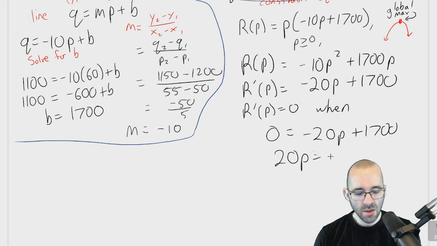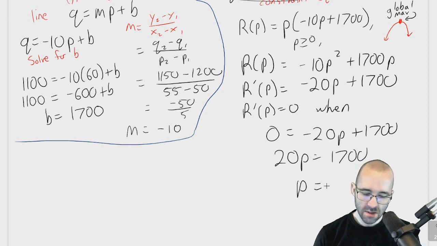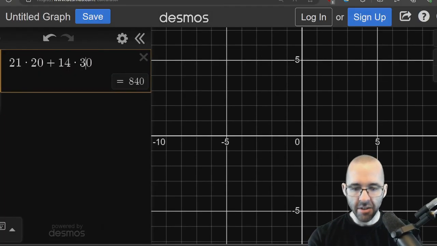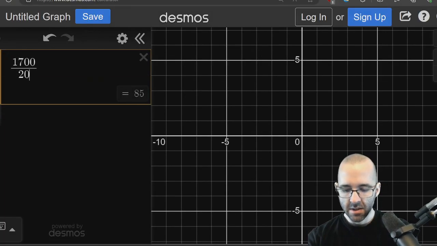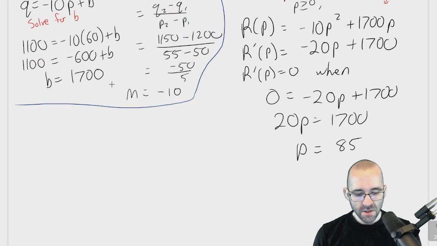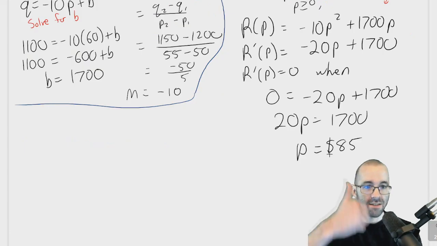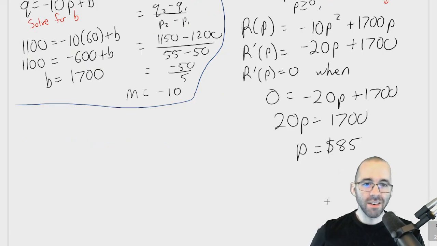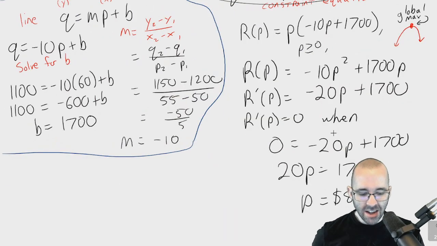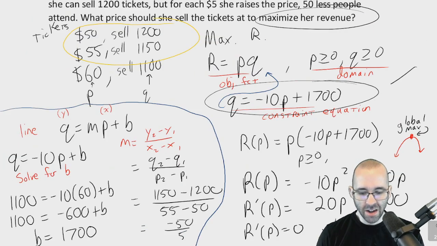That's when 20p equals 1700, or p is 85. Let's find out, 1700 divided by 20: 85. Great. So we should really knock the price up. $50 per ticket? No way. $85 per ticket is the way to go.